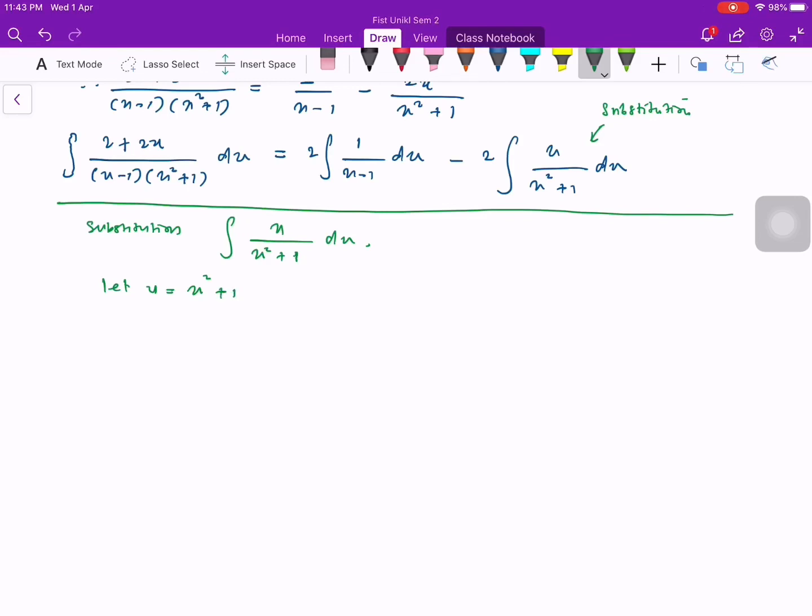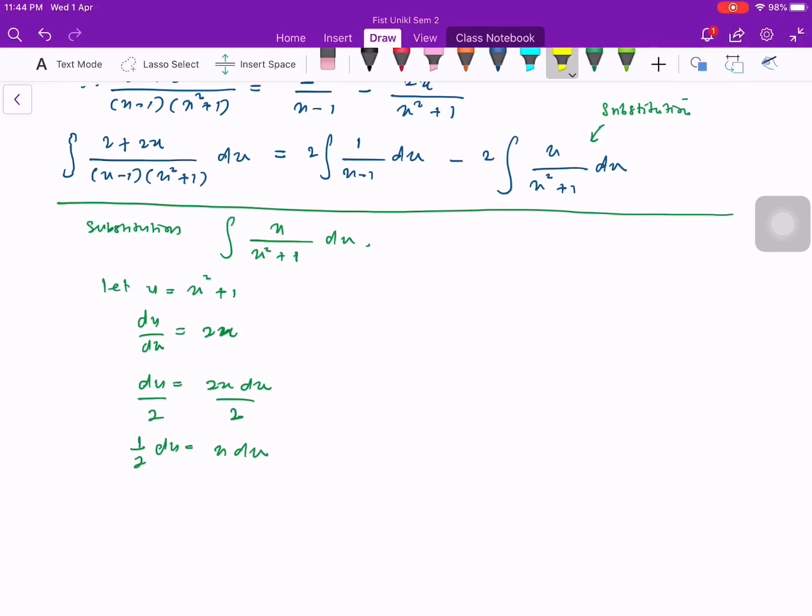Kita akan ambil yang di bawah on denominator, which is u is equals to x squared plus 1. Then we differentiate with respect to x. We're supposed to have 2x. Then we're going to simplify, du is equals to 2x dx. Then we divide them both sides with 2. Then kita akan dapat half du is equals to x dx.